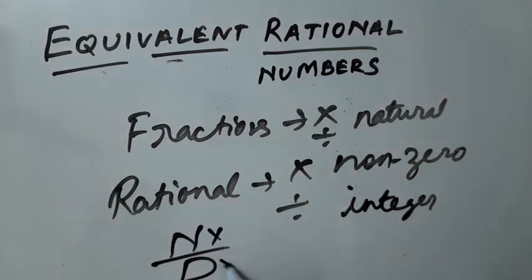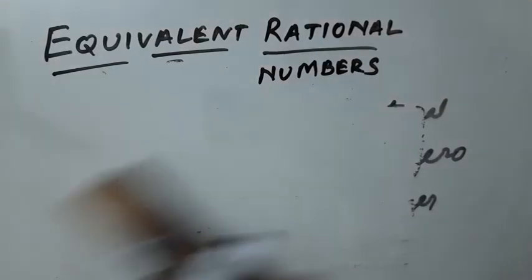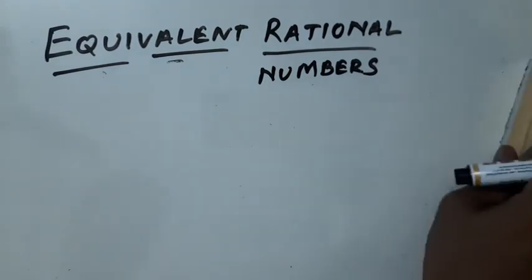That's the most important thing. We can divide or multiply both the numerator and denominator. So in this way we find equivalent rational numbers.